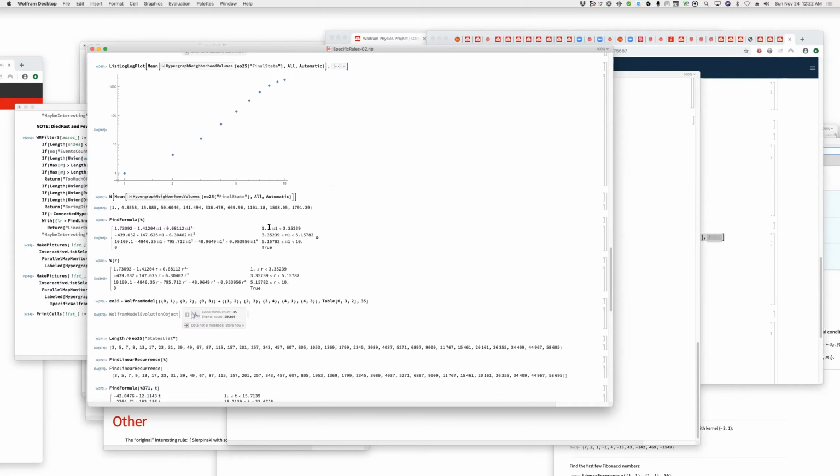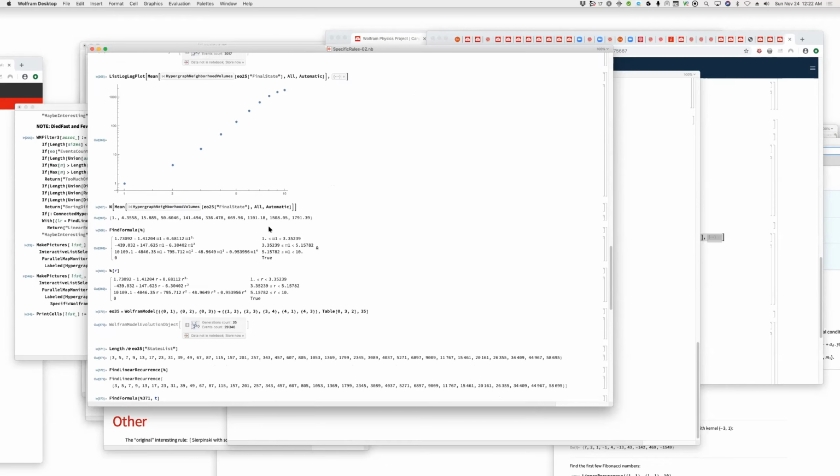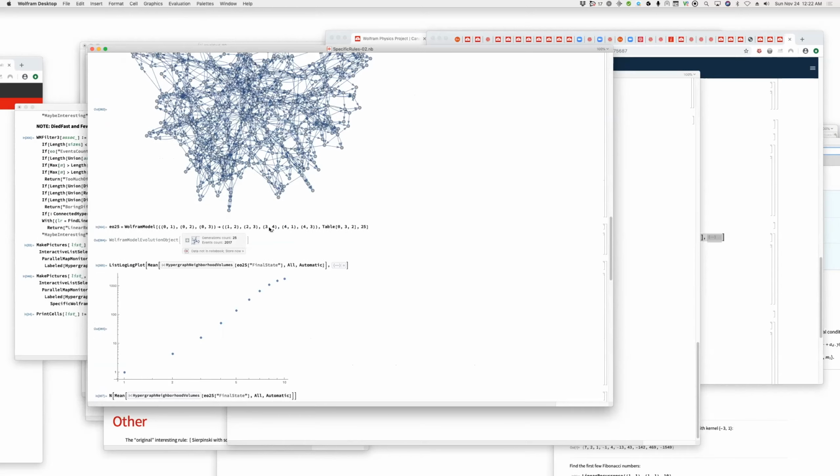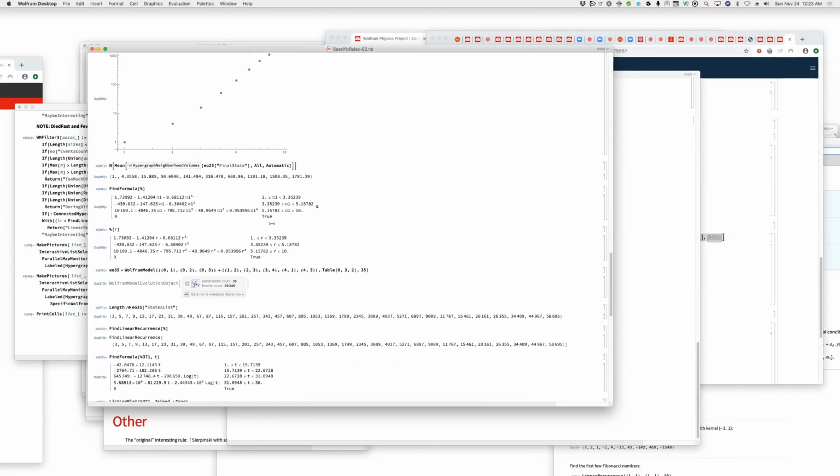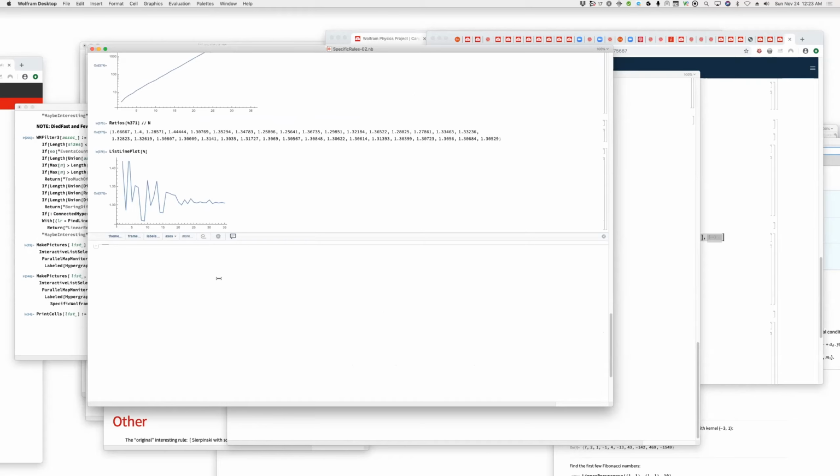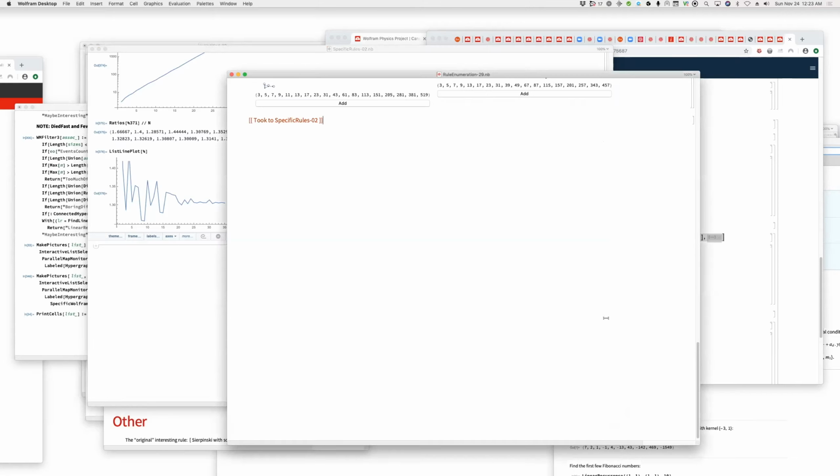Let's look back here. I want to do some other things here. I want to get the final state of this thing, which is pretty big. 35. Let's see, how do I get the adjacency matrix?